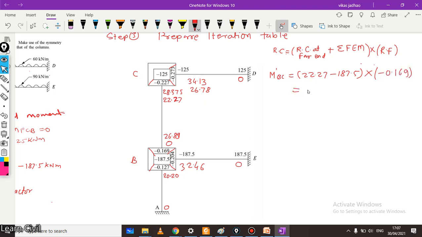So for BC it will be equal to 27.92. Just write down here 27.92.